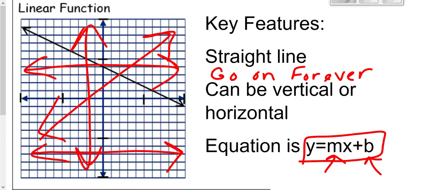Linear functions do not have any exponents in their equation. They are straight addition and multiplication. Make sure you have these key features written down and an example of what a linear function looks like, so that you can identify it from either its picture or an equation. An example of an equation might be y equals 5x plus 2.